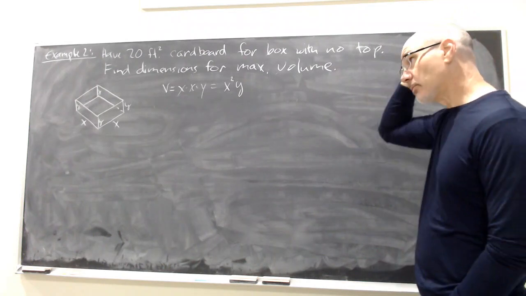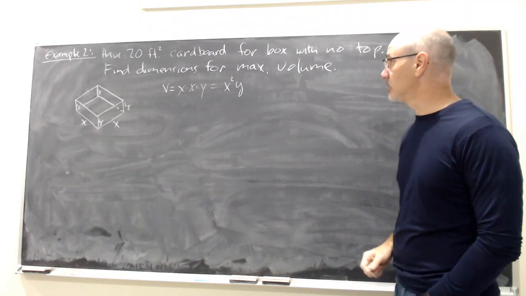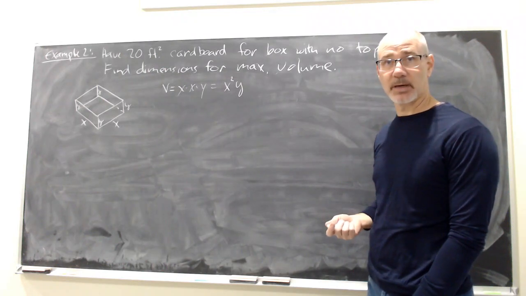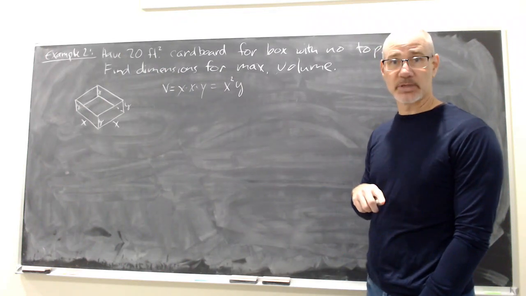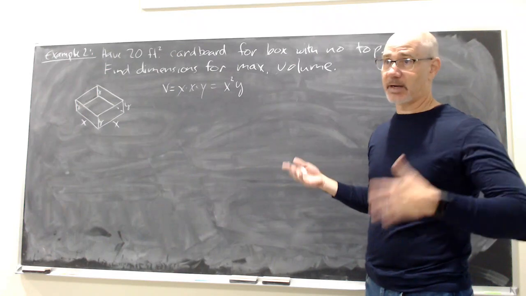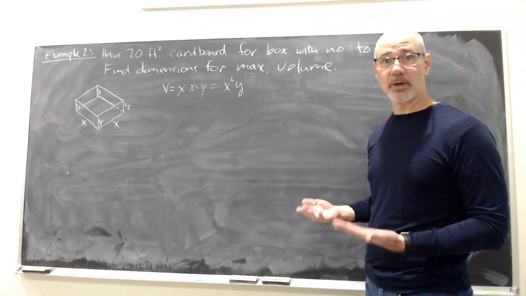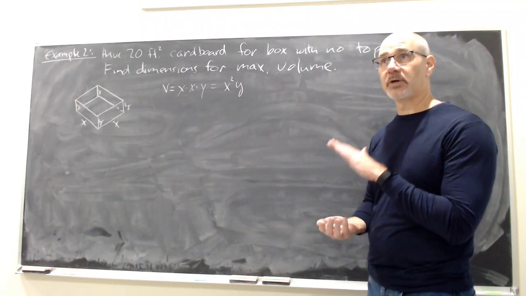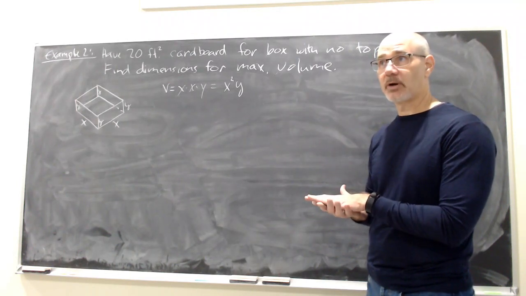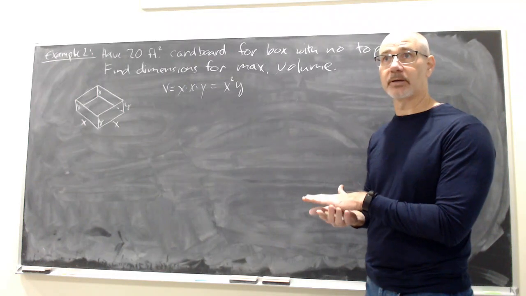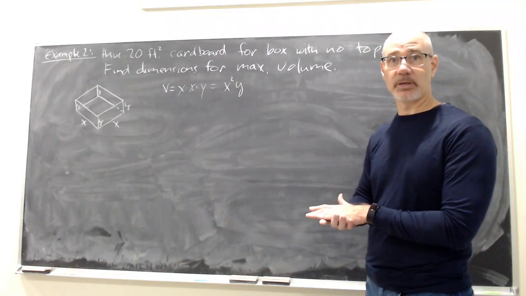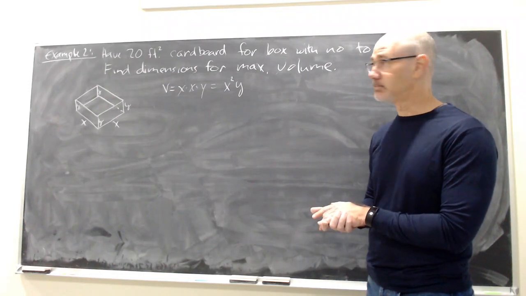And now we need to eliminate one of those variables so that we can actually take derivatives and solve the problem. That's where the constraint comes in, that we're not just building a box using as much material as we want, right? We only have 20 square feet of cardboard. So we have to understand that that 20 square feet of cardboard represents the area of the base and the sides that we can use.